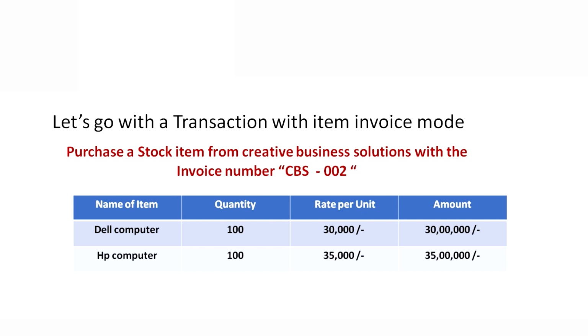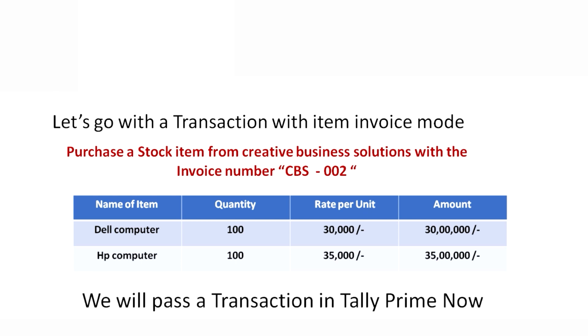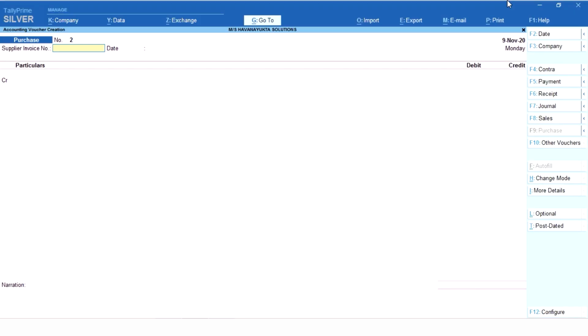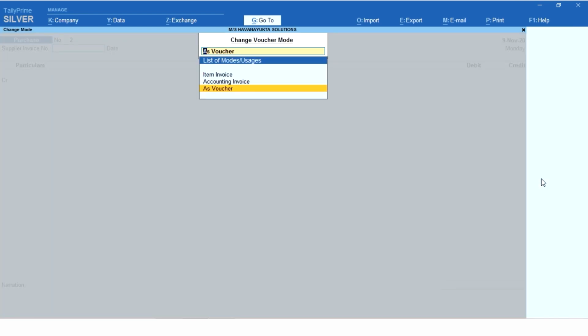We'll pass the same transaction in Tally Prime by using item invoice mode. So now we go to Tally Prime. This is in voucher mode, so we go to the change mode option here and select item invoice mode.